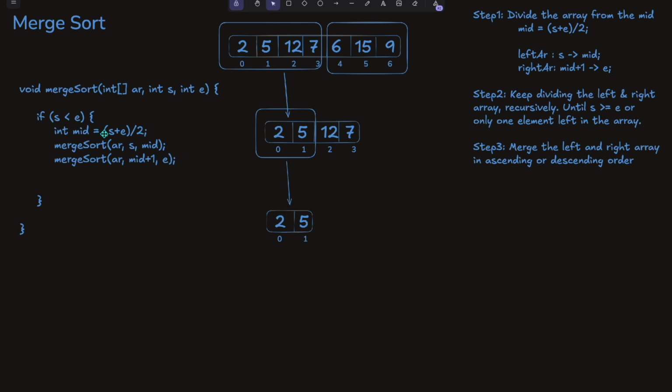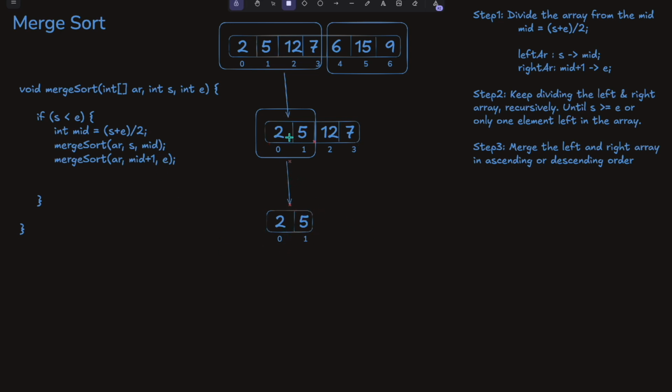Now when you come here, it will again check if s is less than e. Again it is less than e, and then again it will find the mid value and try to divide this. So this is the left array again, and it will find the mid value, which is again 0 here. It will call merge sort again with s, which is 0, and mid here is 0.